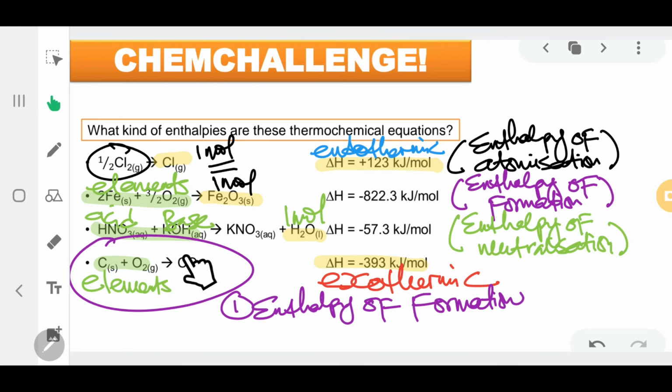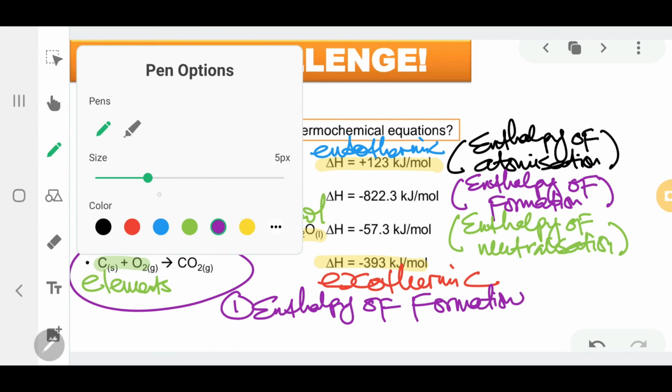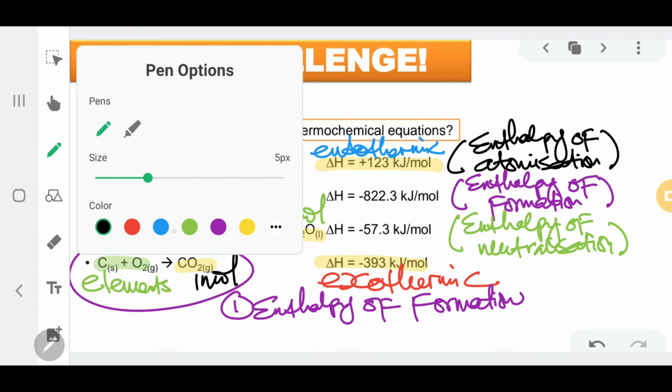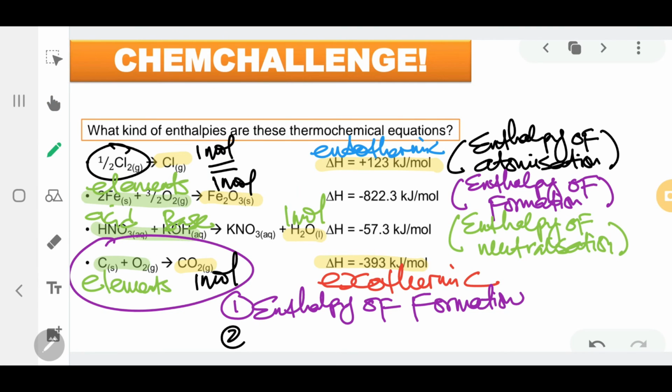Because you have 1 mole of compound being formed, and that CO2 is being produced from its elements. So it fits into the definition of enthalpy of formation. Also, it fits into the enthalpy of combustion.